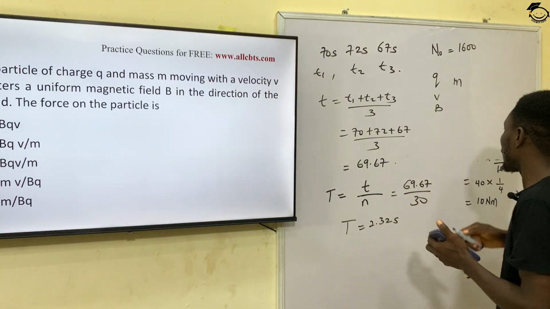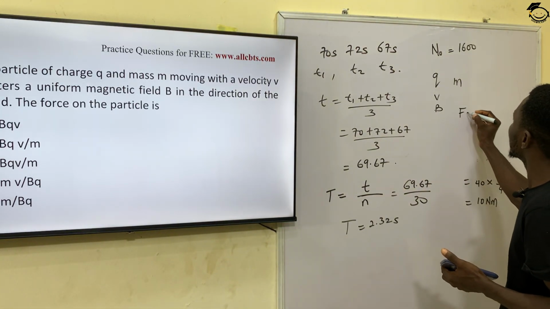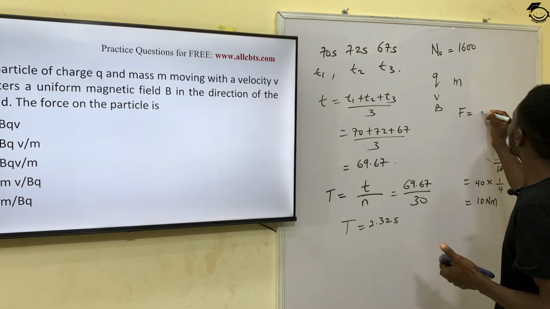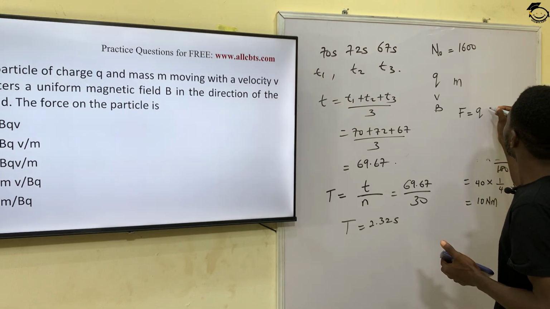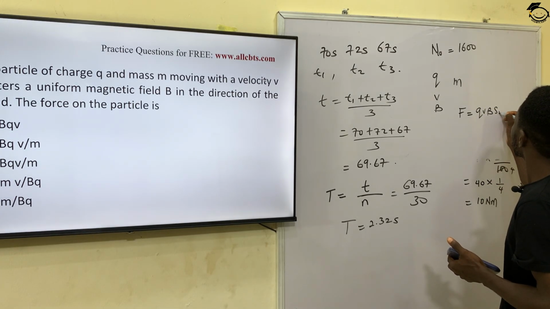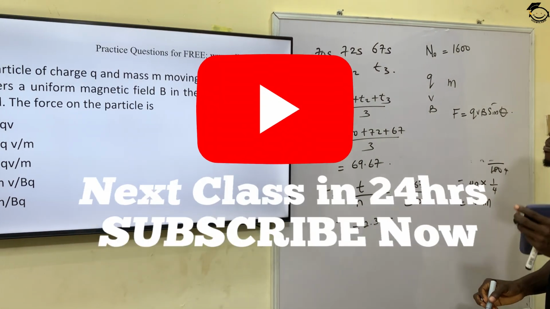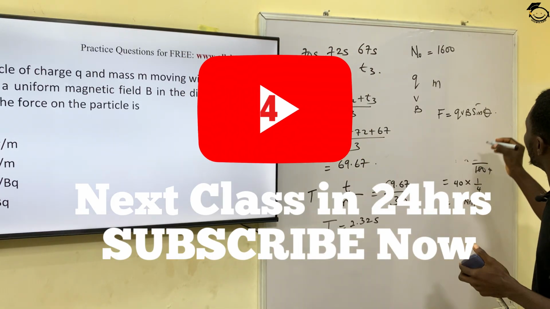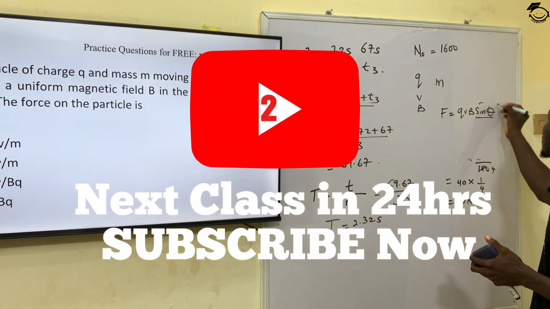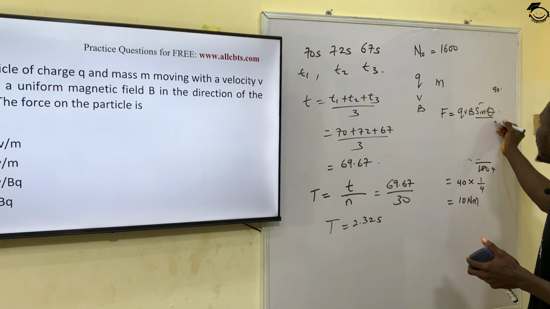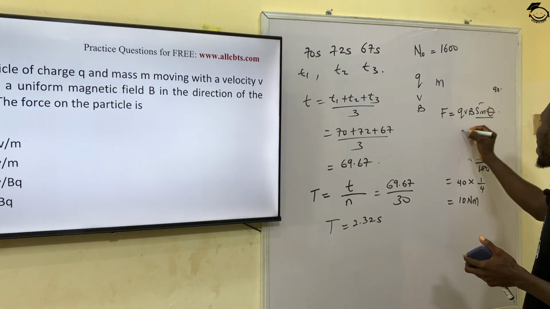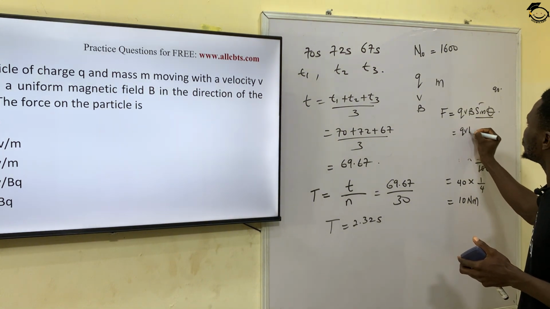Now, the force in a magnetic field is always equal to QVB sine theta. This is the formula that we use for calculating force in a magnetic field. So if theta were 90 degrees, sine theta is 1, which will give you QVB.